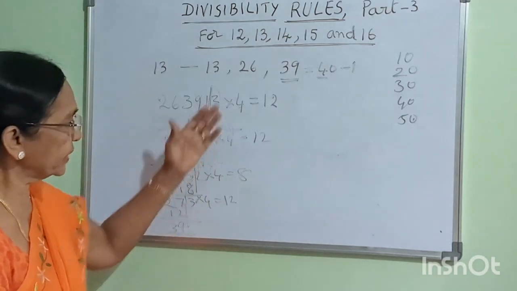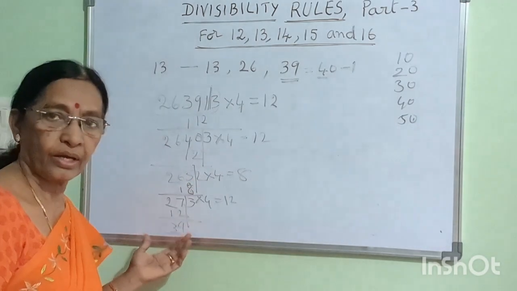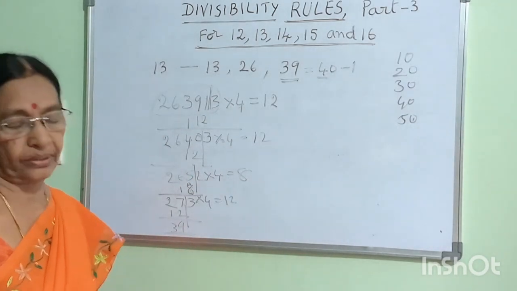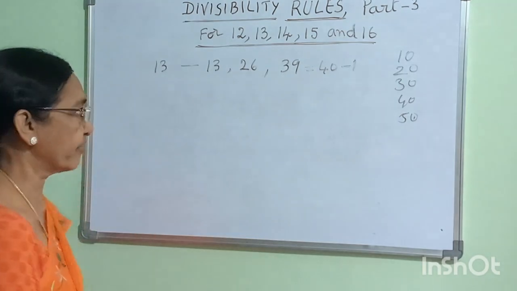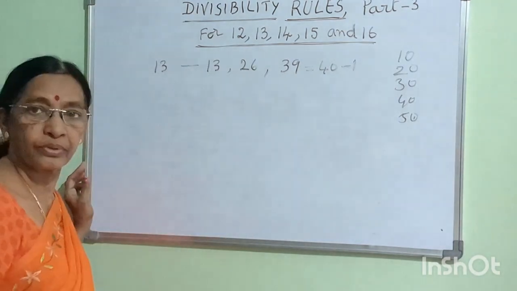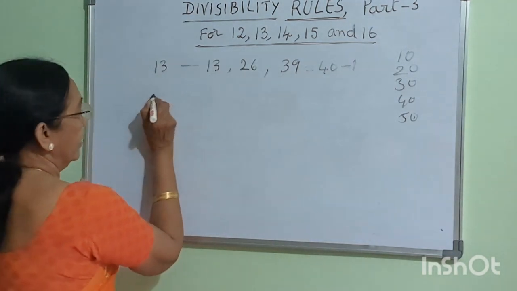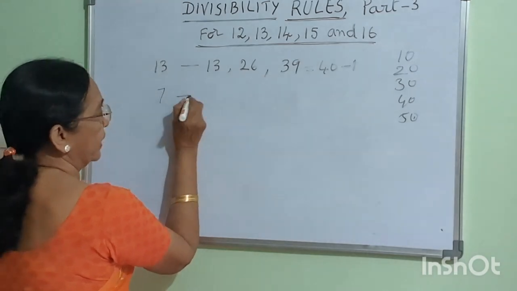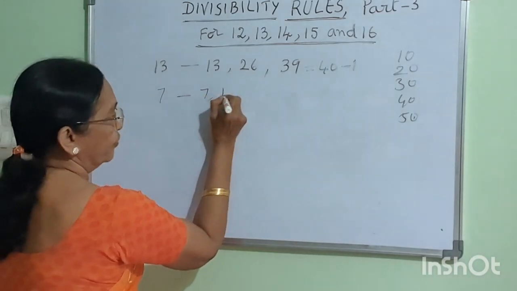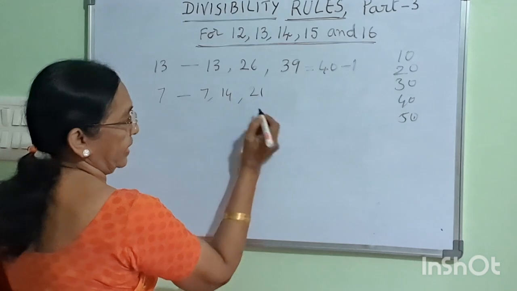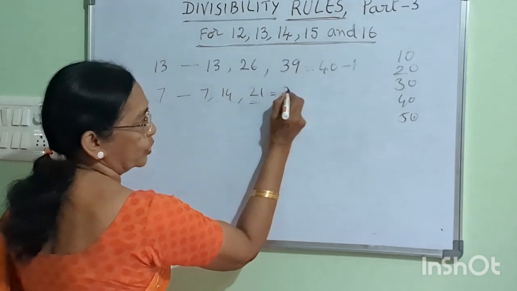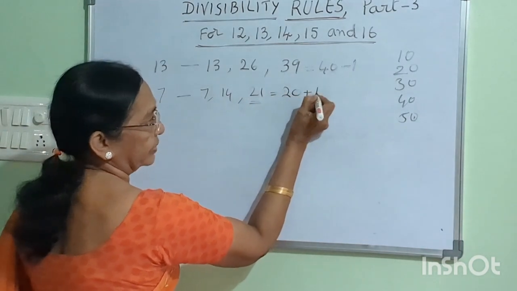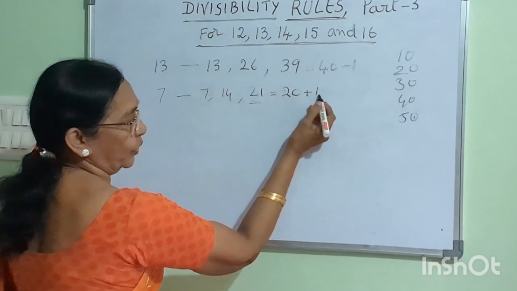Thus, we can repeat this process until we get a 2-digit number. The divisibility rule for 7 also uses the same theory. For example, the multiples of 7 are 7, 14, 21, etc. Here 21 is very close to a multiple of 10: 21 is equal to 20 plus 1.